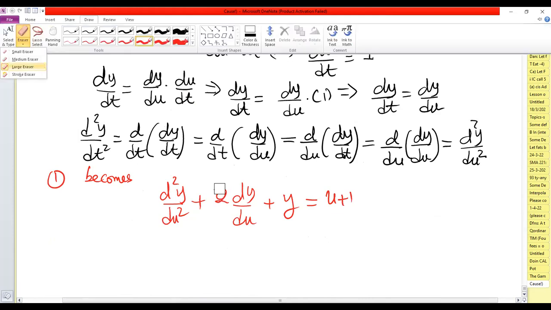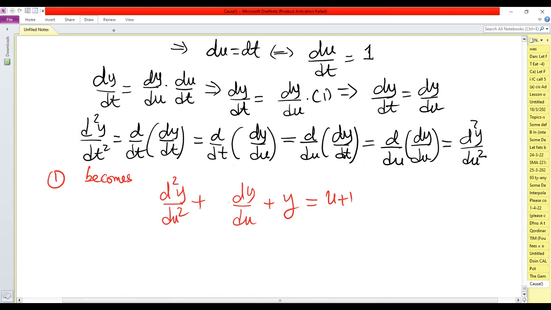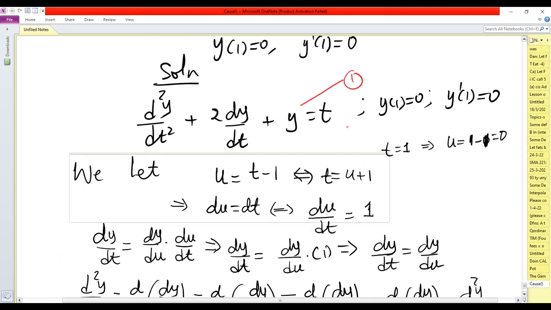With this new differential equation in terms of u, the initial conditions now start at 0, because when t is 1, as given in the initial conditions involving time, the value of u is 0.